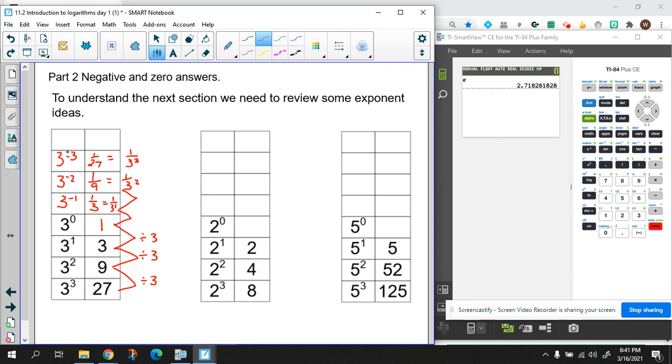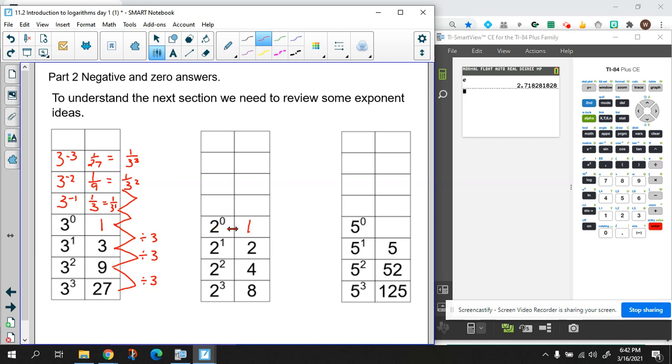So what I want you to observe is 3 to the negative 3 is the same as 1 over 3 to the third power. Or if it's 3 to the third on the bottom, you could make it 3 to the negative third. 3 to the negative third is the same as 1 over 3 cubed. And it happens in all of the lists, no matter what number I use. 8 divided by 2 is 4, 4 divided by 2 is 2, 2 divided by 2 would make 1.